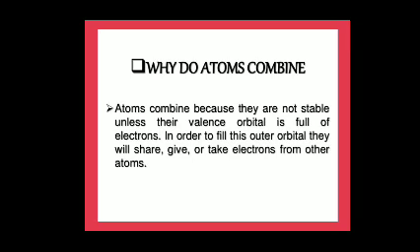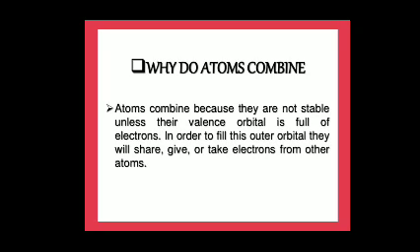Atoms of noble gases are stable because of the stable electronic configuration in their valency shell, that is the ns2 np6 configuration. This configuration is called the octet configuration.